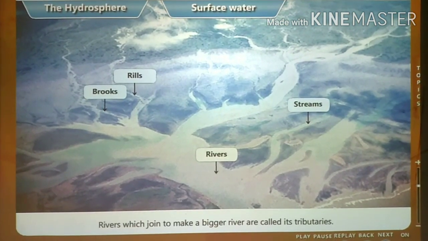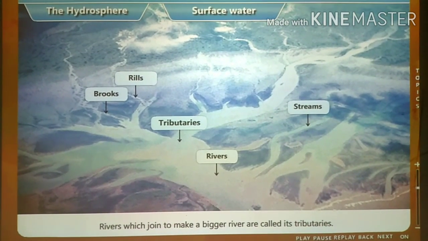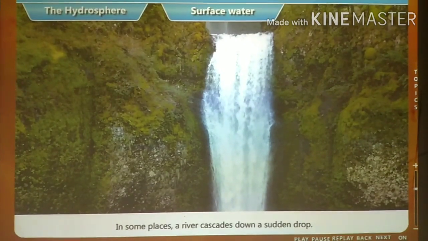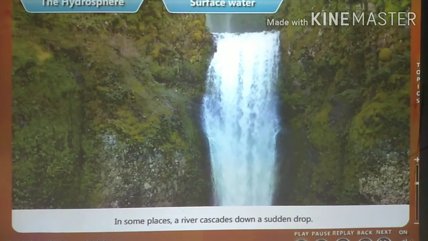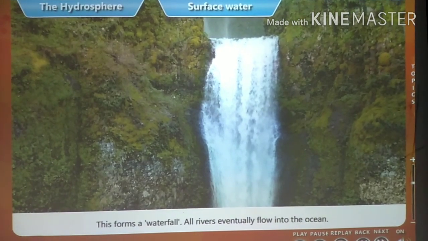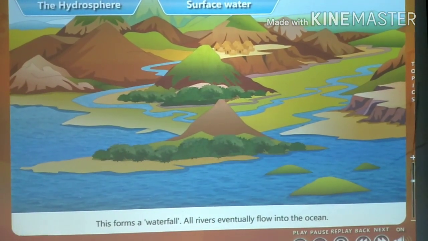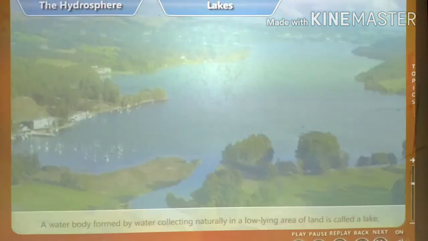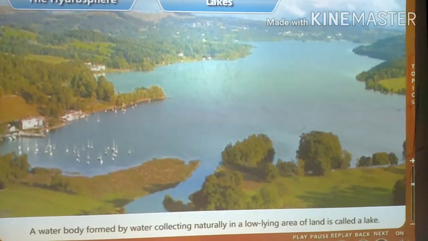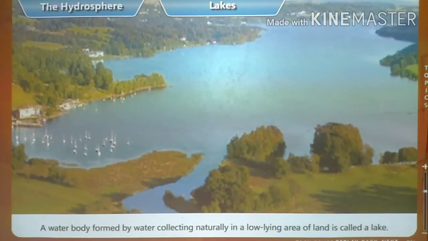Rivers which join to make a bigger river are called its tributaries. In some places, a river cascades down a sudden drop. This forms a waterfall. All rivers eventually flow into the ocean. Lakes. A water body formed by water collecting naturally in a low-lying area of land is called a lake.